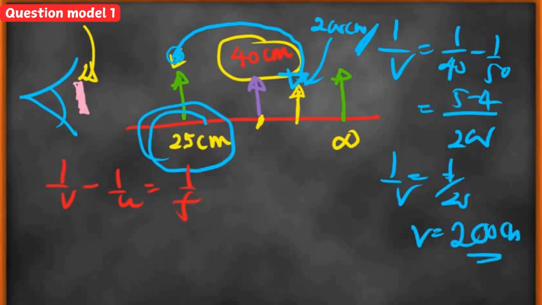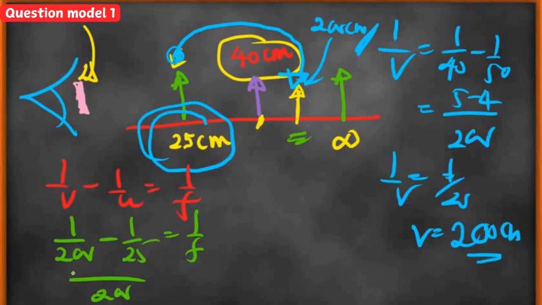Now the new v is 200 centimeters and u is 25 centimeters. So 1 over 200 minus 1 over 25 equals 1 over f. Taking the common denominator 200, we get 1 minus 8, so 1 over f equals minus 7 over 200.